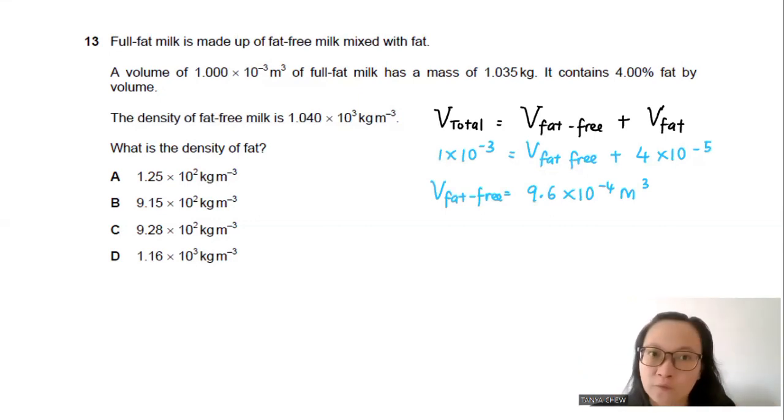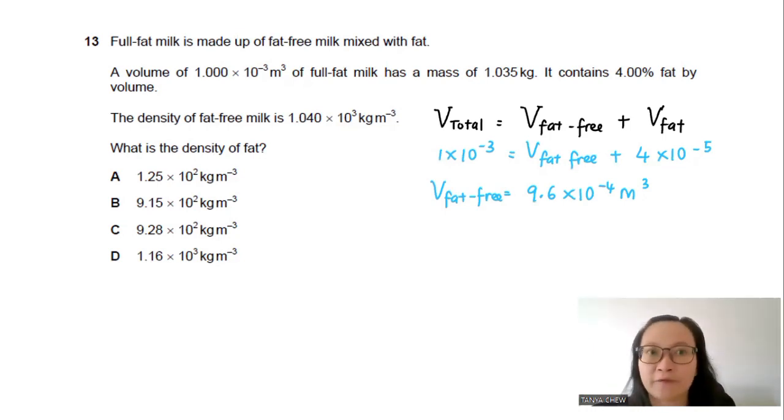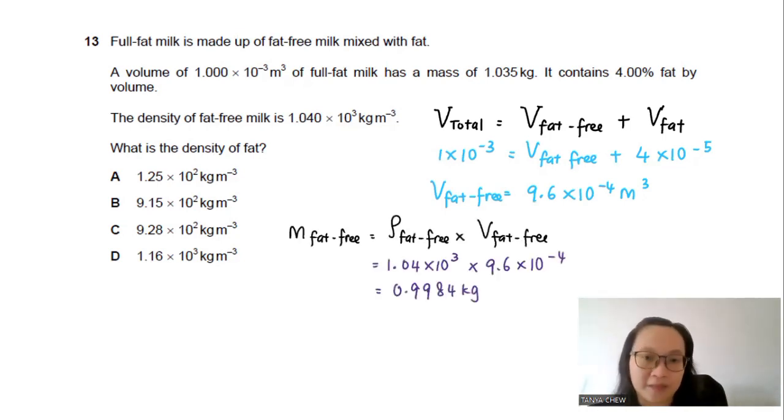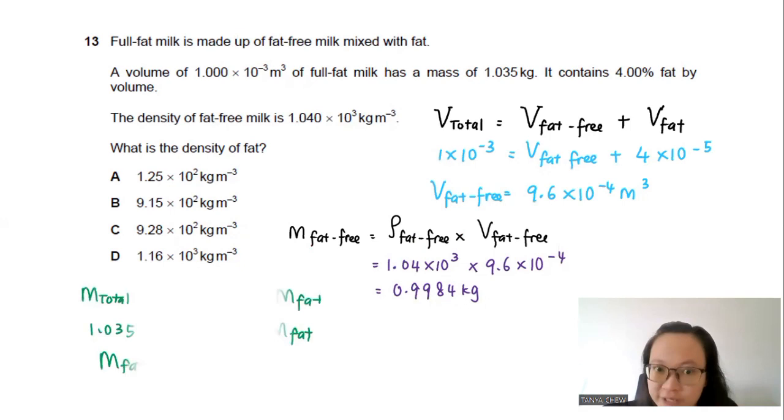So I use the total volume first. I find my total volume of the fat-free milk, substituting whatever information I've been given here. So my volume of fat-free milk is 9.6 times 10 to the power -4 meter cube. And then from there, I could find my mass of the fat-free milk, which is density of the fat-free milk times the volume of the fat-free milk. And I got 0.9984 kilogram. It doesn't matter how many significant figures I put here because that's not the final answer yet.